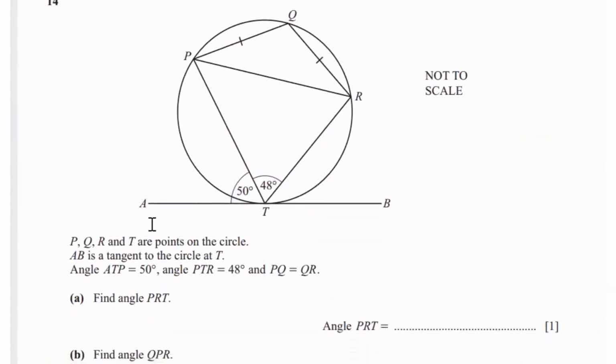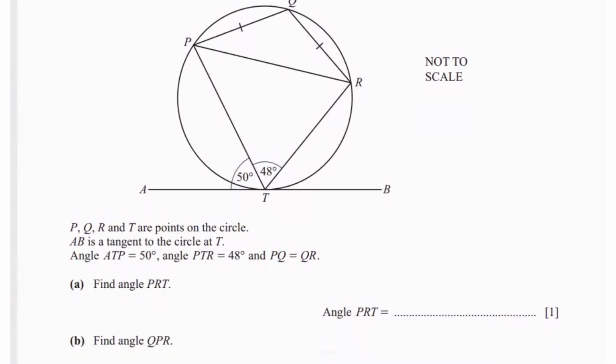So to find angle QPR, this is the angle that we're supposed to find. So we know this is 50. And as you can see, PQRT is a cyclic quadrilateral. In a cyclic quadrilateral, opposite angles add up to 180.